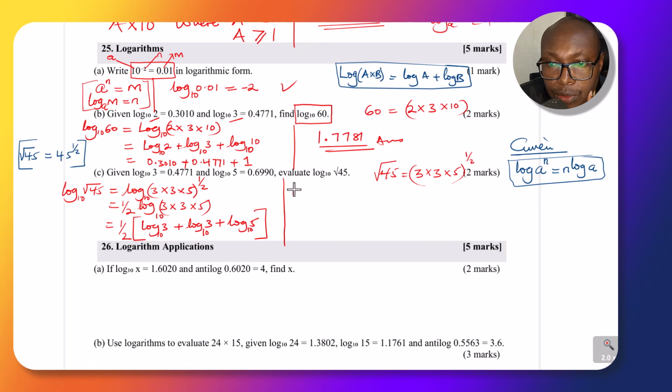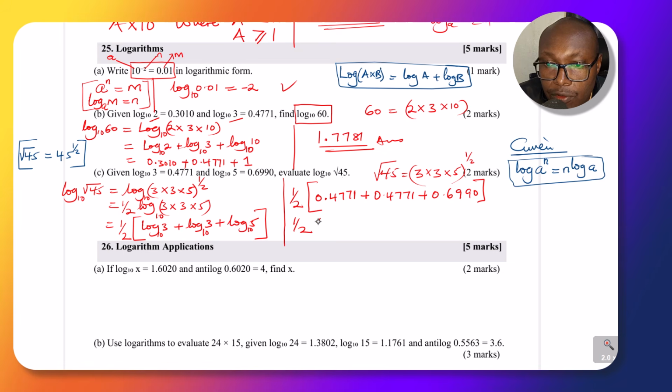Now, having done that, we can substitute. So we have a half, and then logarithm of 3 is 0.4771. Then logarithm of 3, 0.4771. Then logarithm of 5, 0.6990.